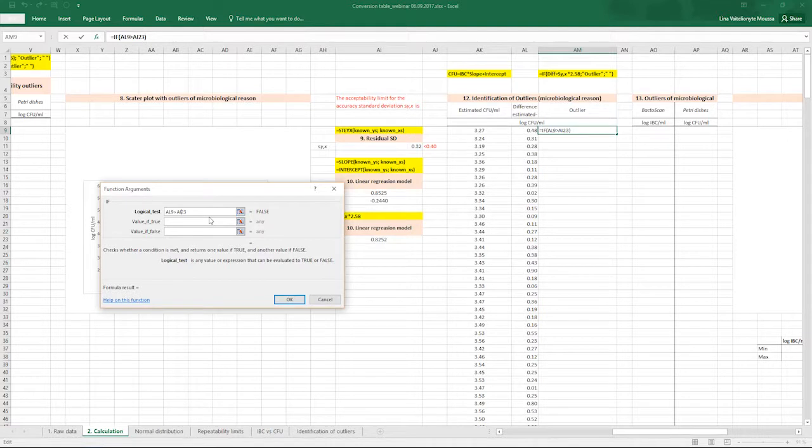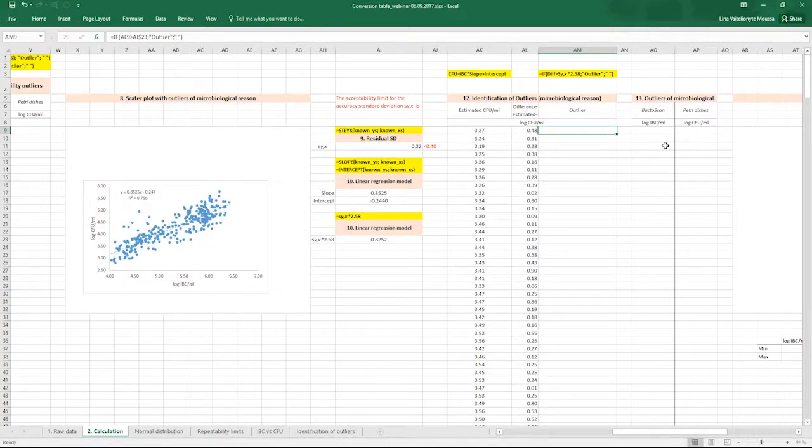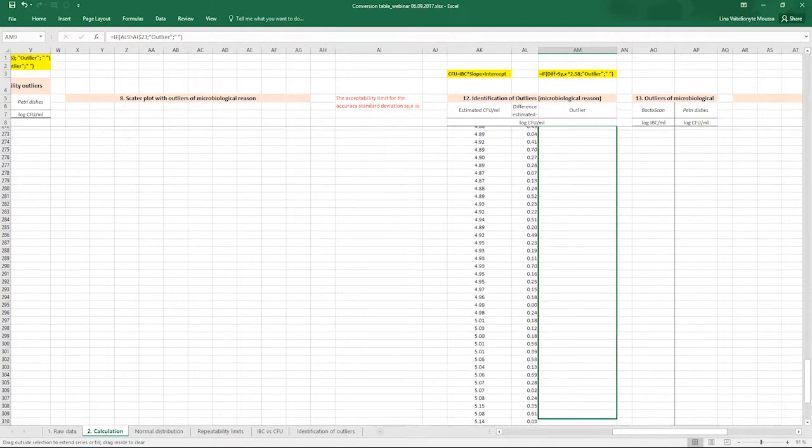Again, in the middle we're adding the dollar sign, so the cells will not change when we're dragging down the formula. So if the difference is higher than the linear regression model, then we have an outlier of microbiological reason. Otherwise, we're leaving this space, pressing OK. So marking the cell and dragging it down.